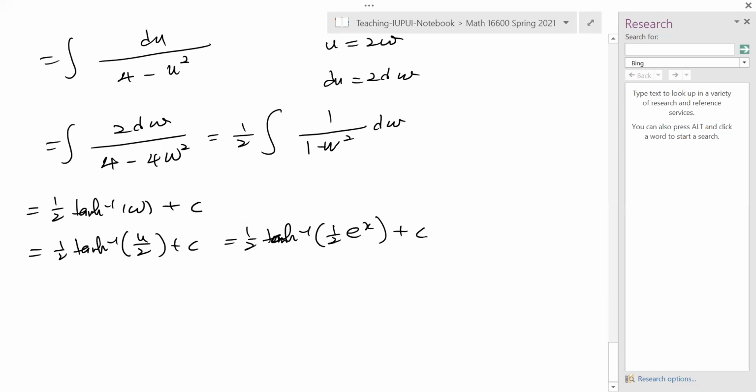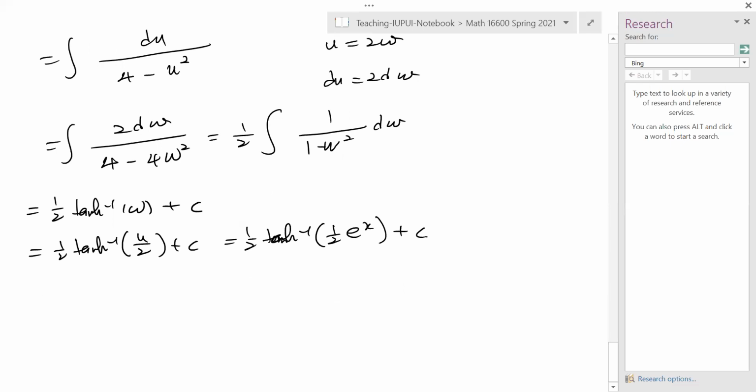The inverse hyperbolic tangent x is just half of natural log, you know. That's another way to describe it. But we prefer not to express the answer in terms of inverse hyperbolic tangent x.